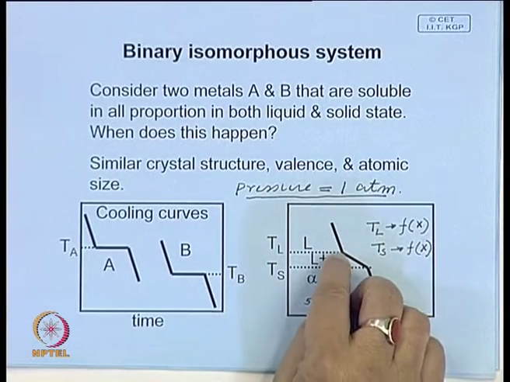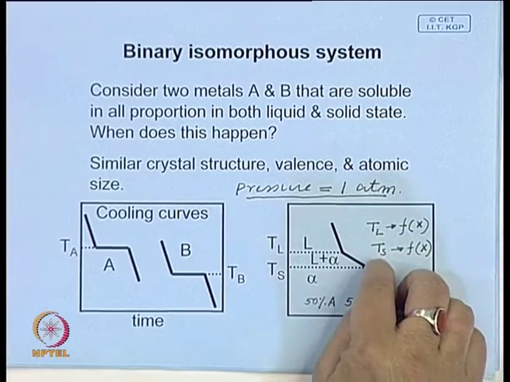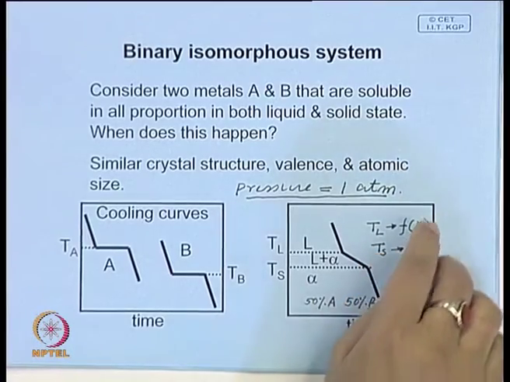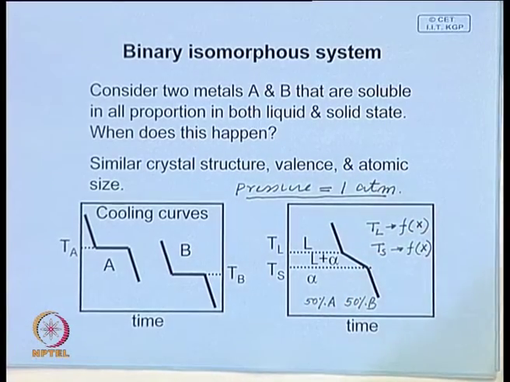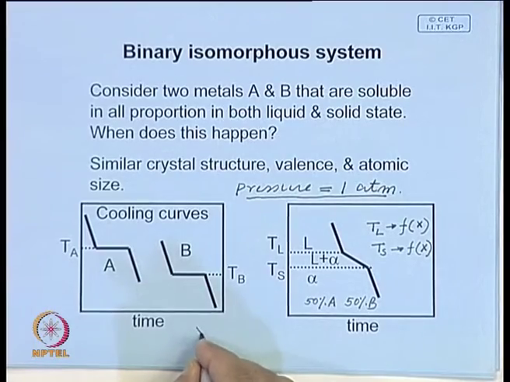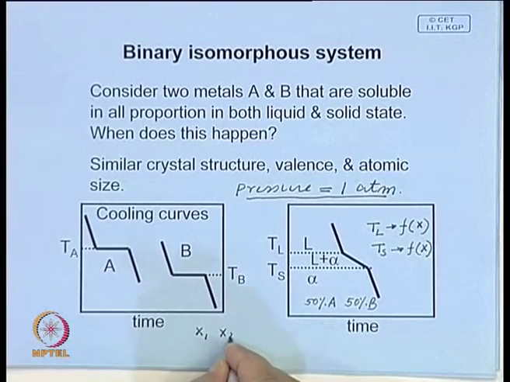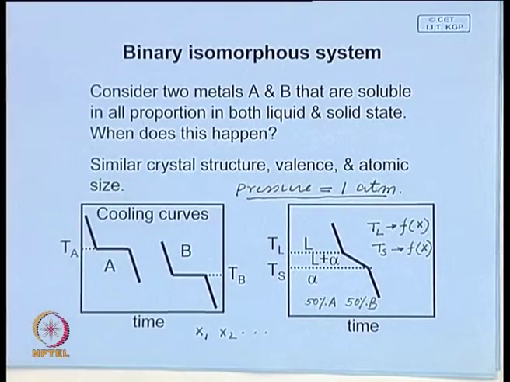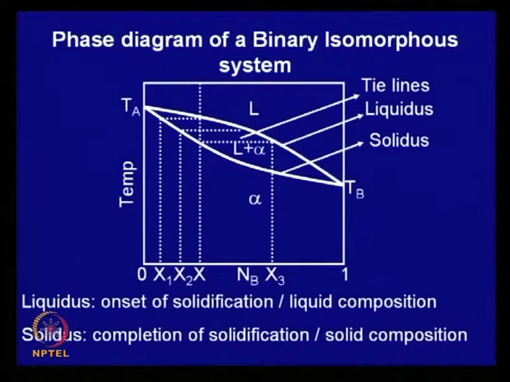Now, having determined T L and T S for a given composition, we can repeat the same experiment for a set of alloys for different values of x, x1, x2 and so on. And then if we get this data and plot it on a diagram like this, the y axis is the temperature axis and the x axis is the composition axis.